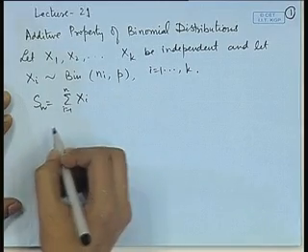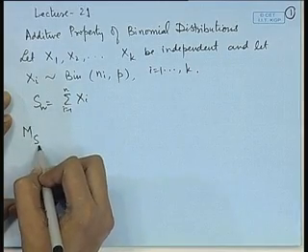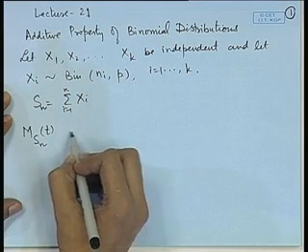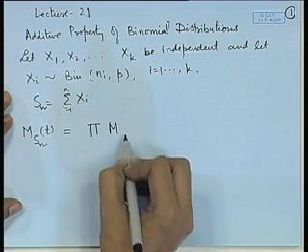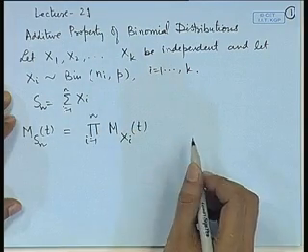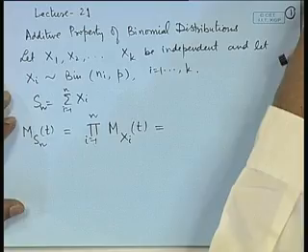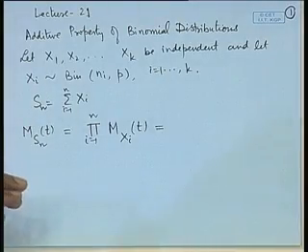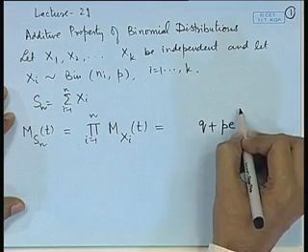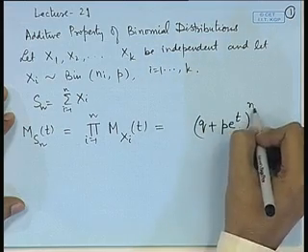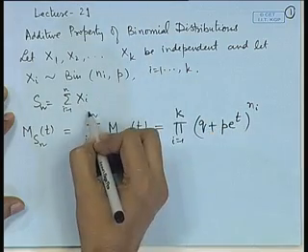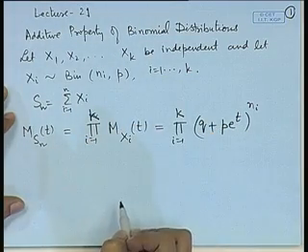If we use the MGF here, the MGF of the sum is equal to the product of the MGFs of the Xi's, i equal to 1 to k. Notice here that the MGF of Xi is (q plus p e to the power t) whole to the power ni, product over i equal to 1 to k.